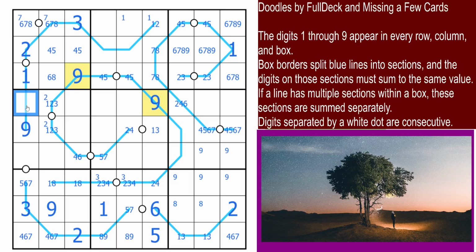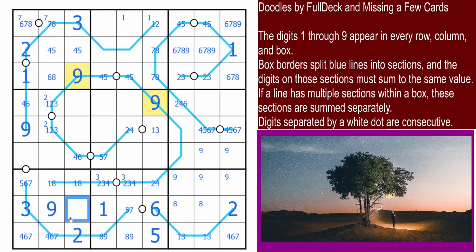If that's 3, let's say 9 plus 3, 12, this has to be 6, right? To get to this total. Yeah, this has to be 3 more than this, right? So this must be 3, 4, 5. And can't be 3, right? Because of this. So this has to be 4, 5. And this can't be then 6, right? So this must be 3 more than this. Yeah. If that's 4 or 5, that has to be 7 or 8. Okay. So do we have some kind of 7, 8 there?